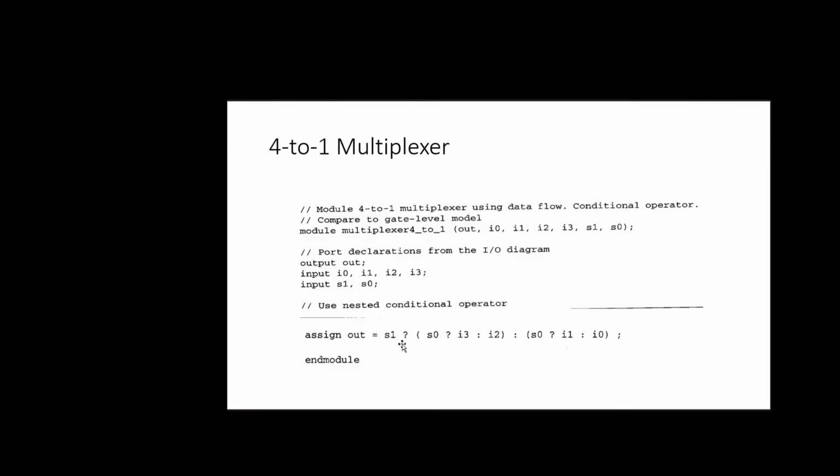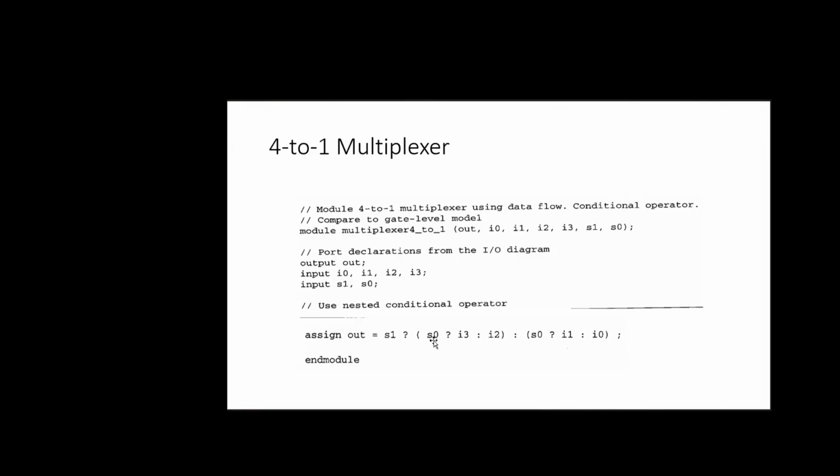Starting with S1 question mark. Before the question mark is the condition. If S1 is true, that is, S1 takes the value logic 1, then what is before this colon will be executed and assigned. Then again there is another condition, S0.